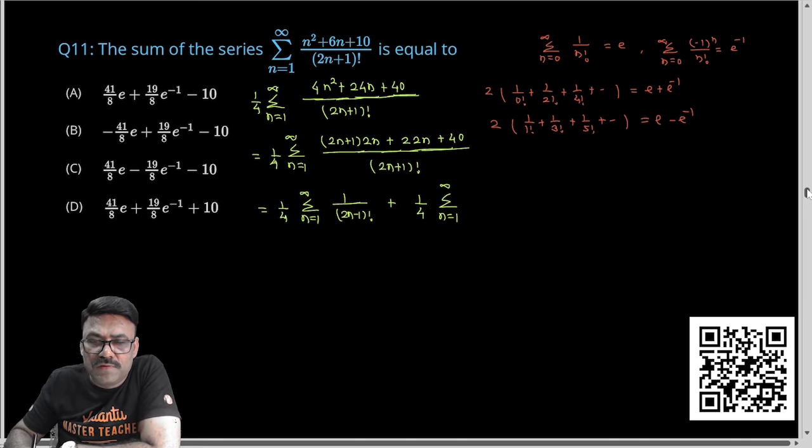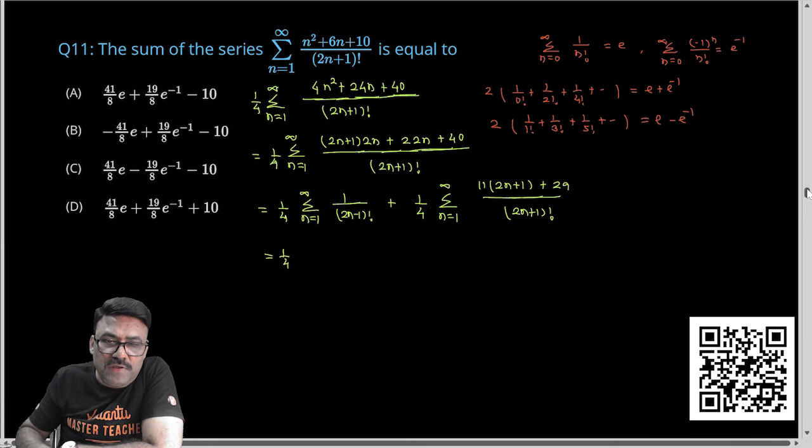So I can write it as, let me write it again as 2n plus 1. So I can write it as 11 into 2n plus 1. So it is 22n plus 11. So that means I have to write 29 here, divided by 2n plus 1 factorial.